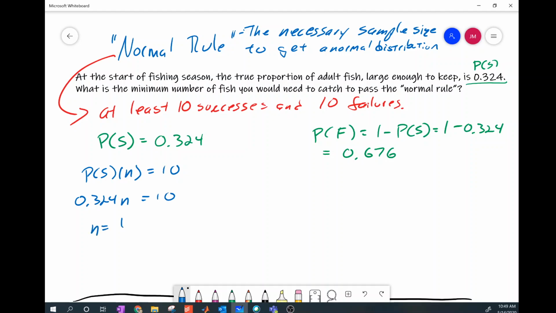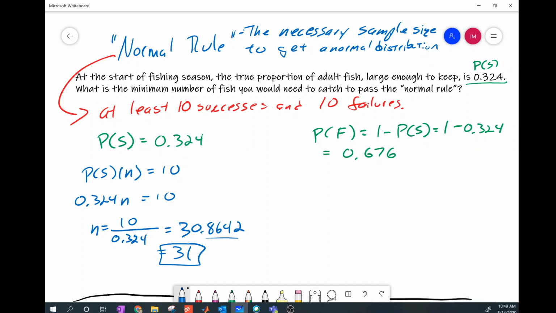Then n equals 10 divided by 0.324, which I will put in my calculator. 10 divided by 0.324, and you'll get 30.8642. And since I can't do 0.8642 fish, I have to round up. Always round up. Now that's only for successes.